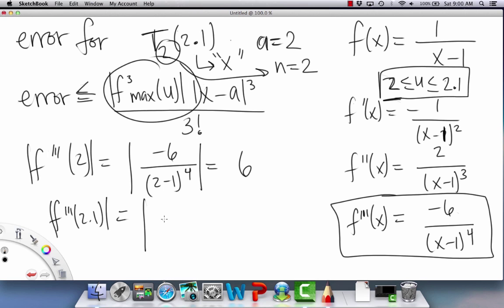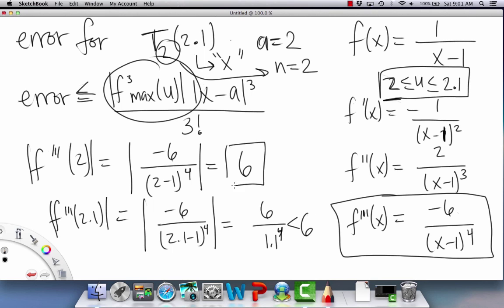Okay, so that would be absolute value of negative 6 over 2.1 minus 1 to the fourth. And this would actually be 6 over 1.1 to the fourth, which is obviously less than 6. So 6 is going to be our maximum value. We're going to plug that in here.